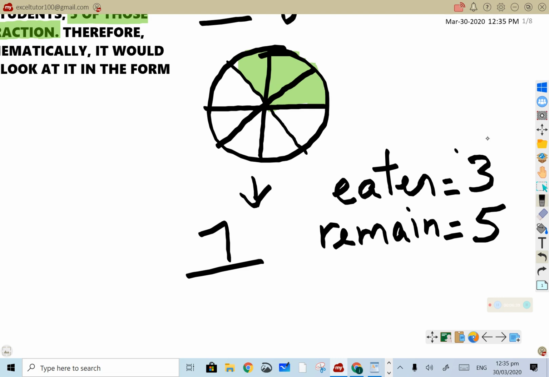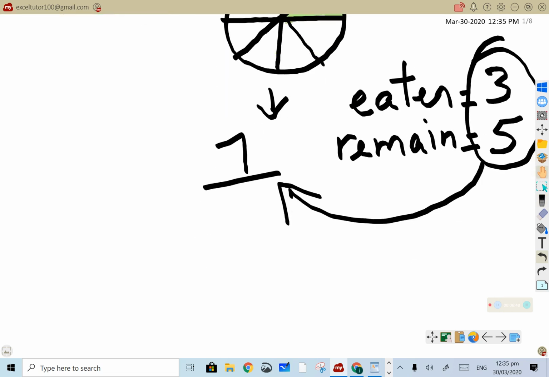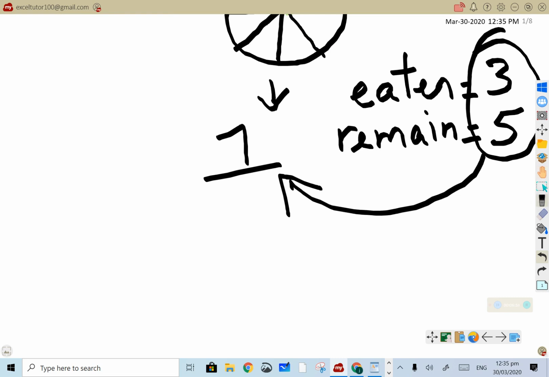Now this 3 and 5 would still make up the 1, which is really the same as what we said before. 1 is actually the whole. Now you have to remember 1 is the whole, but a whole of anything can be separated into parts, creating fractions, based on what exactly we are doing.